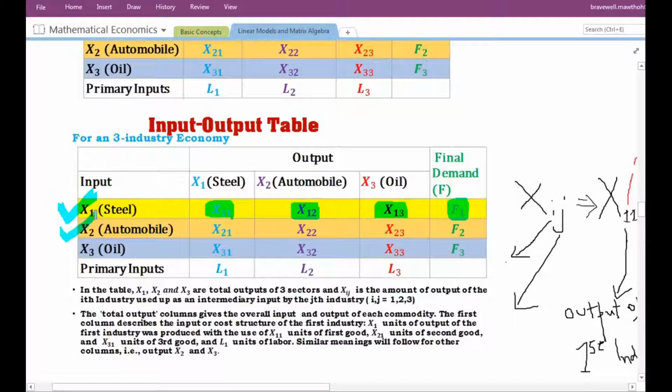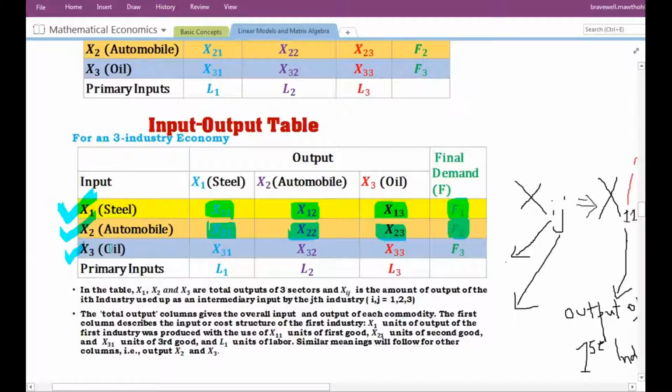Let us look at the second industry, that is the automobile industry. So the automobile industry is being demanded by the steel industry. It is also being demanded by itself, that is the automobile industry, and by the oil industry. Part of its output is also being demanded as final good by consumers.